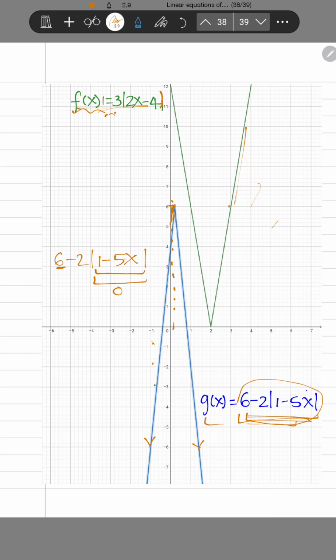So let's take 1 minus 5x equal to 0, which means 5x is equal to 1, x is equal to 1/5. If we need to know the corresponding x value, which we don't need, we can say (1/5, 6). This is the point where the maximum is achieved. But when we talk about maximum and minimum, we are interested in the y values instead of the x values. So this is how it is.